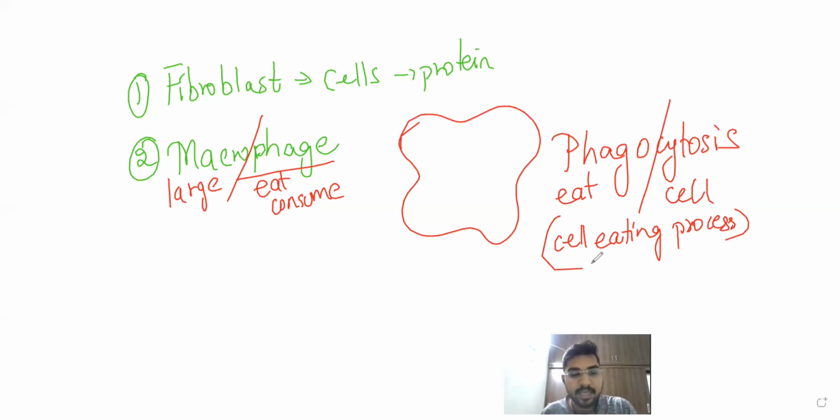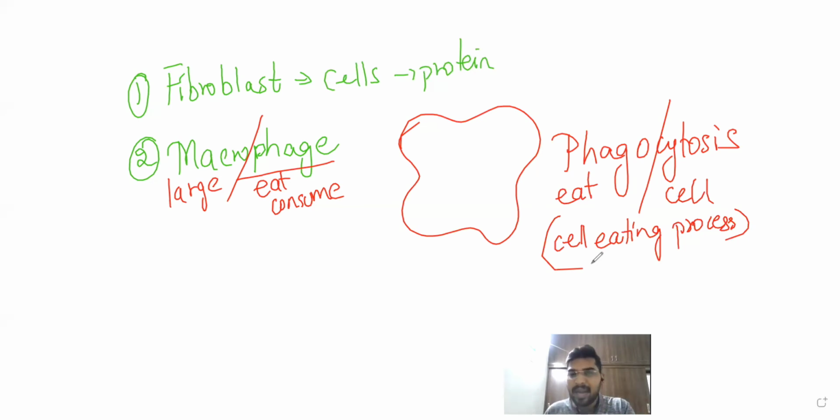What are the functions of macrophages? These macrophages are present in our entire body, in the connective tissue. They engulf foreign particles. What do I mean by foreign particles? For example, when I inhale, there are lots of bacteria, viruses, fungal spores, pollen grains, dust particles, so many allergic substances in the atmosphere, in the air. When I inhale them, these foreign particles enter into my body.